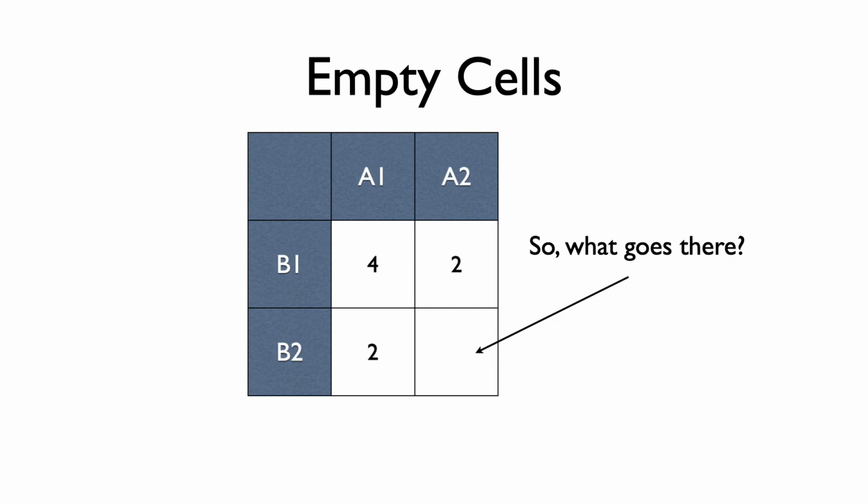So we have 2 levels of A, 2 levels of B, but somehow, because we weren't, I don't know, paying attention, we never got anybody in the group A2, B2. What would you do? Let's do a little thought experiment. So instead of guessing what the number should be here, I don't know what it should be. I can't make it up. All numbers are possibly correct.